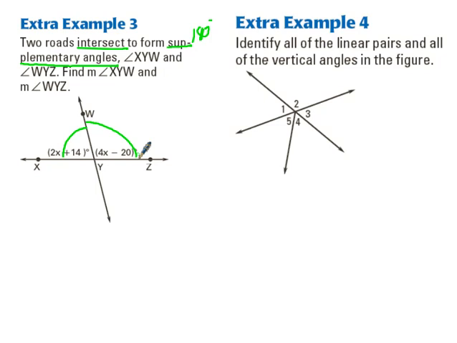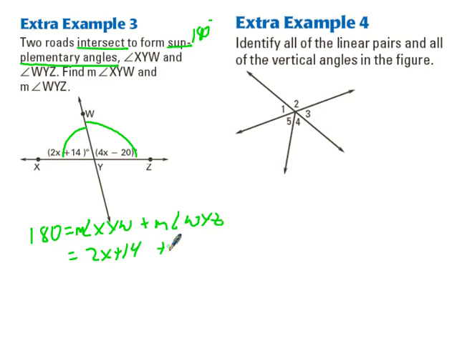If they're supplementary, that means they sum to 180, which means I can write the measure of angle XYW plus the measure of angle WYZ equals 180. Now we can come down here and we go, that's 2x plus 14 plus 4x minus 20, and that all equals 180 degrees.